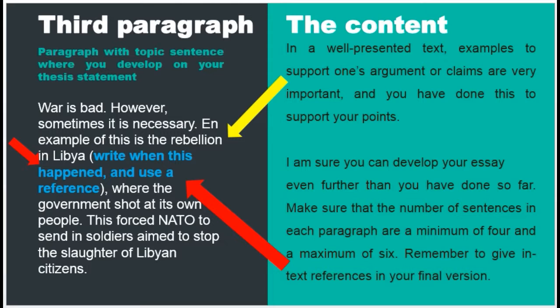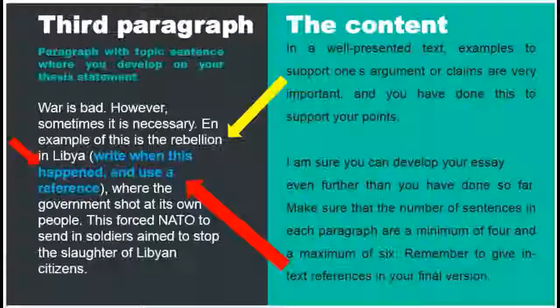I am sure you can develop your essay even further than you have done so far. Make sure that the number of sentences in each paragraph is a minimum of 4 and a maximum of 6. Remember to give in-text references in your final version.